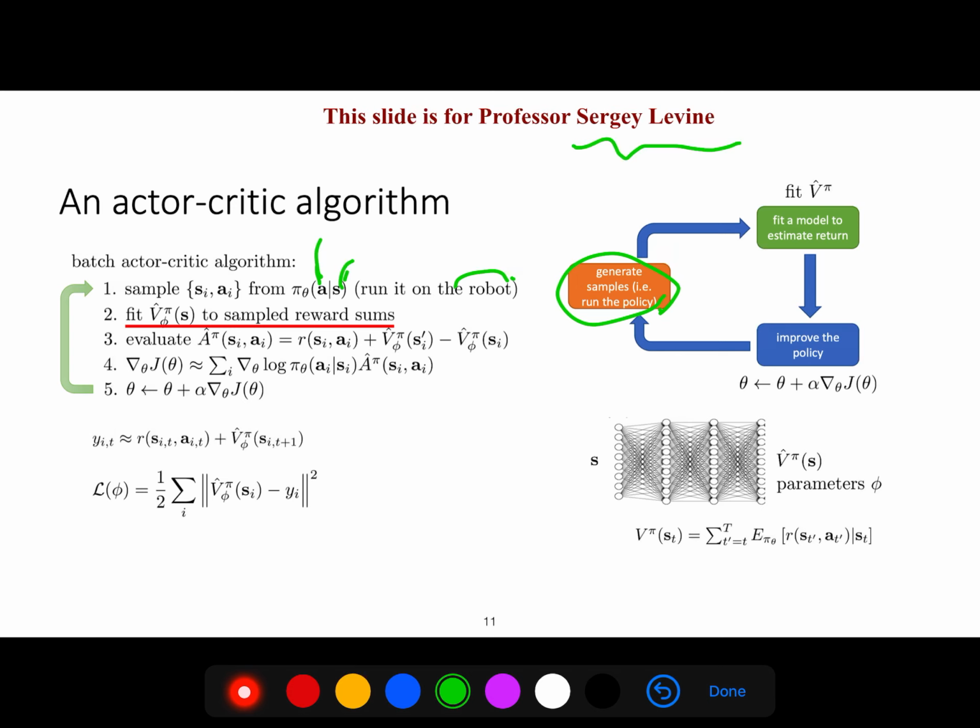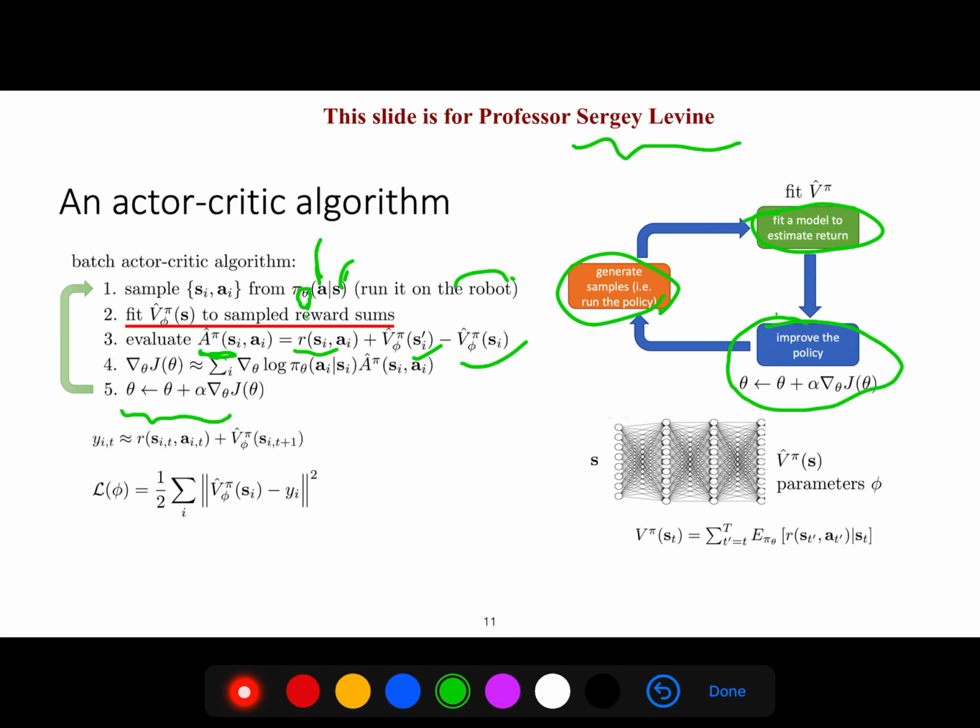So we sample, and then we fit the value to the sampled reward sums. And then this is the advantage function: reward plus value of the next state minus value of the current state. So you have to do two different things. You're updating the parameters of your policy, because pi, your policy, is dependent on the parameter theta.